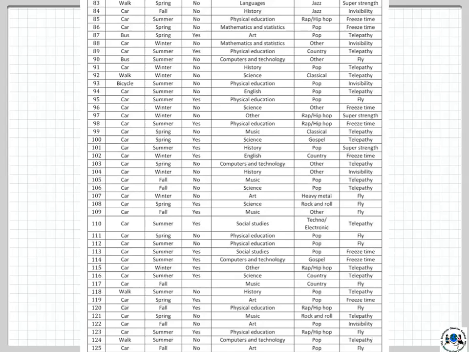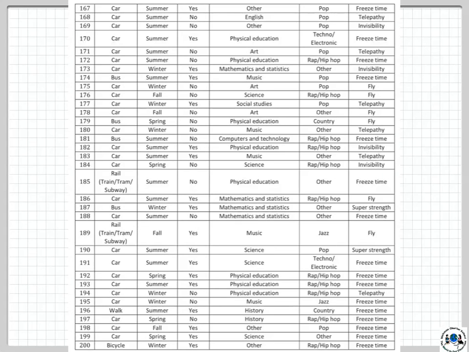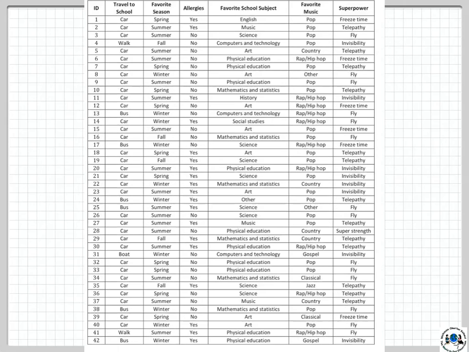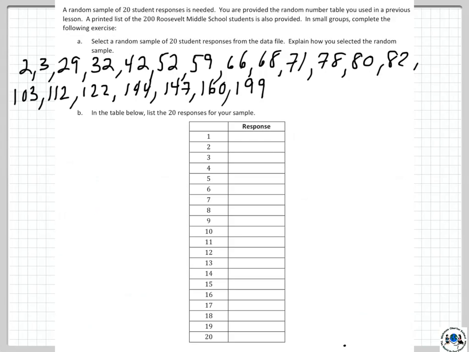Then 83 through 124, or 125. And this is 126 through 166, and then 167 through 200. I've now flipped through them all. So you could go back and forth, reverse, rewind, and otherwise work that yourself.